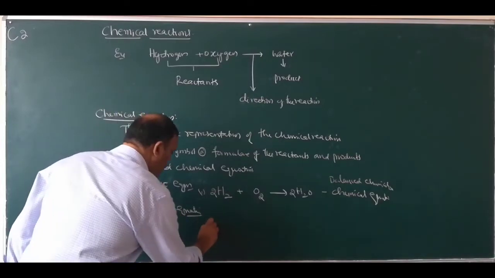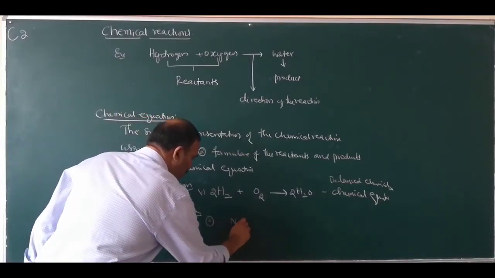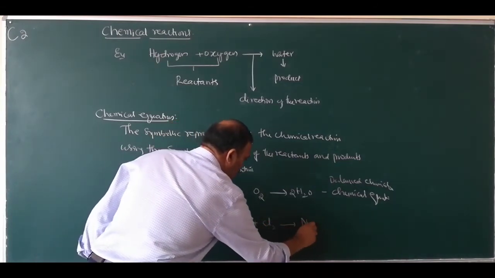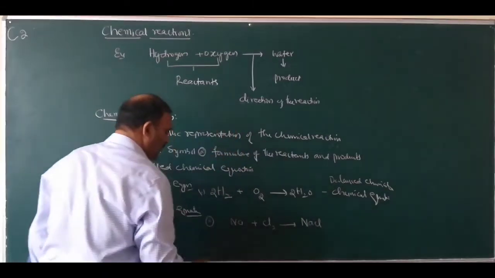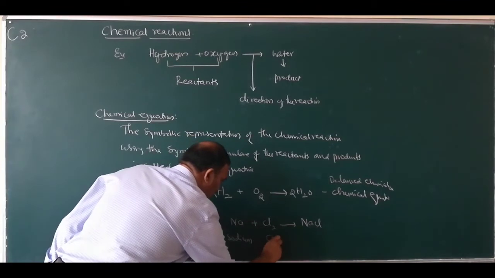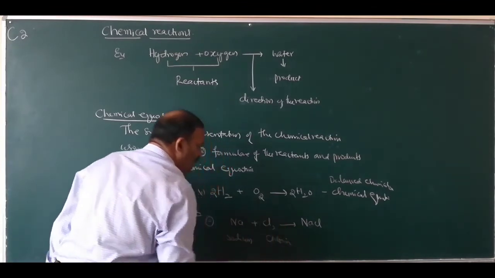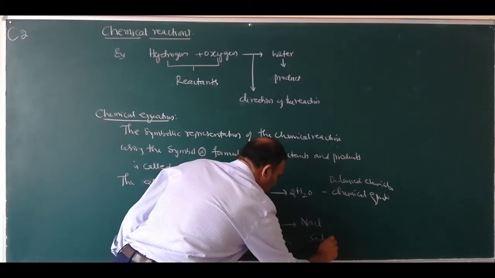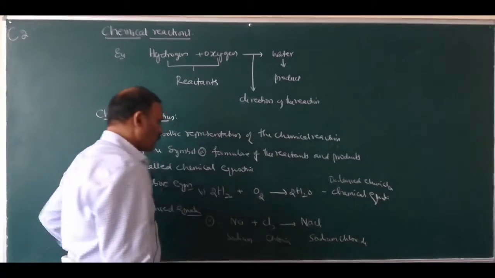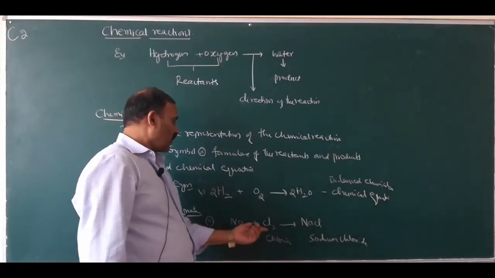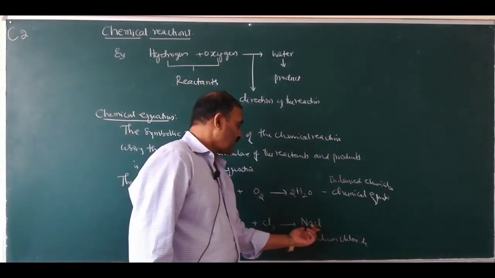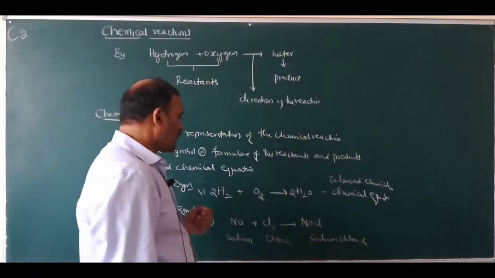Similarly, example 2: sodium reacts with chlorine forming sodium chloride. The formula of sodium is Na, the formula of chlorine is Cl2, and the formula of sodium chloride is NaCl.